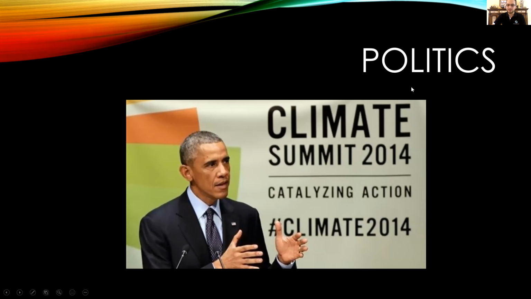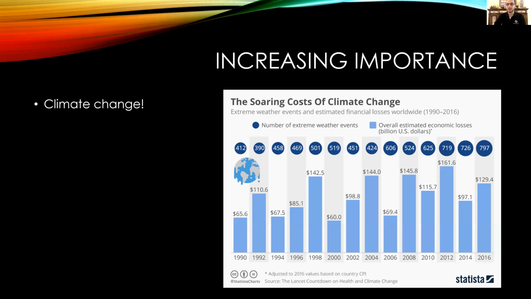Politics comes in as we're facing climate change, and it's becoming increasingly important to have people who have an understanding of the atmosphere and how weather impacts our day-to-day lives, which is why, aside from studying meteorology in college, I picked up a minor in applied economics, because climate change is expected to cause trillions of dollars in damage throughout our lifetimes. So the industry is becoming increasingly important as we face these challenges. I'm happy to talk more about climate change's impact on weather during questions if people have any questions about it.